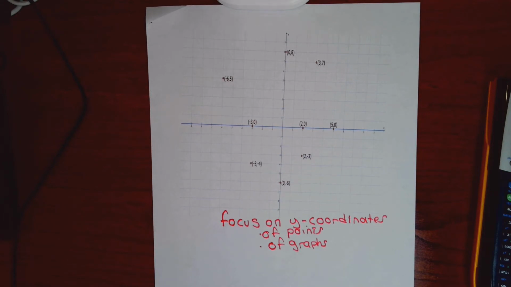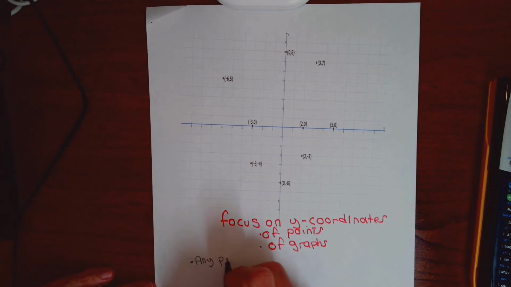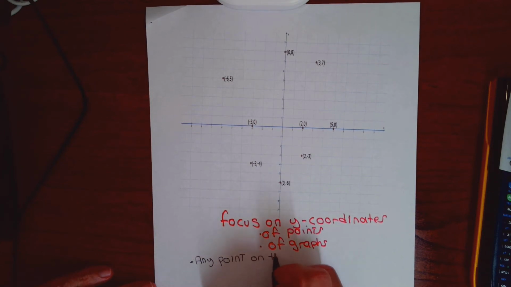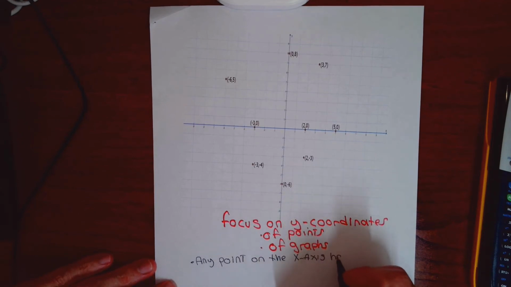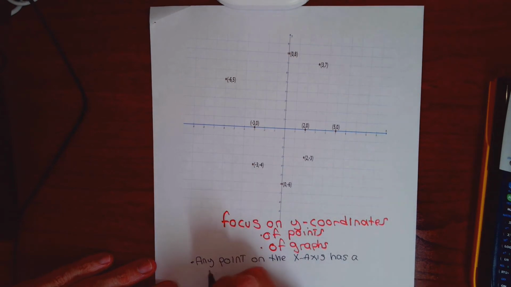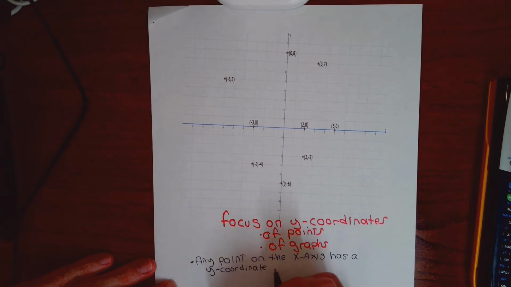First of all, any point on the x-axis has a y-coordinate of 0.